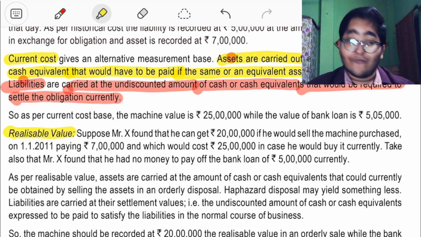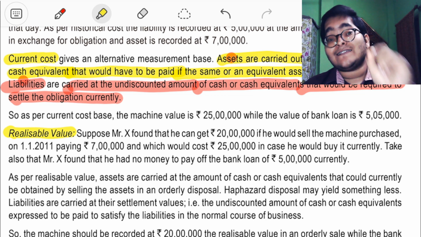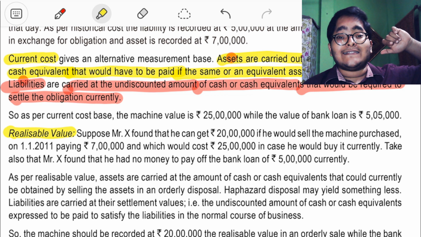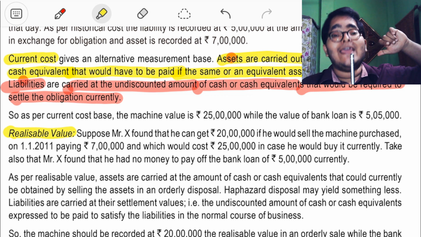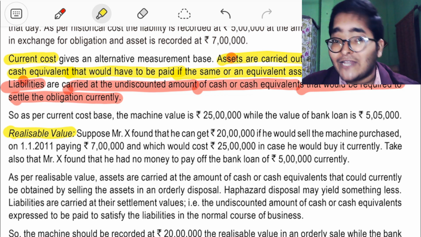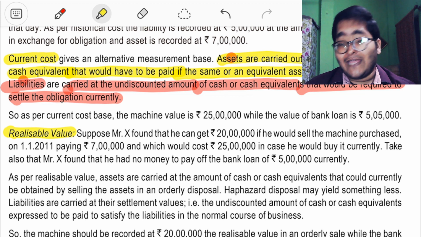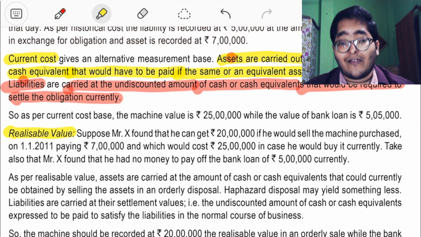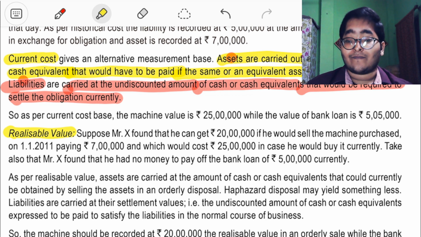We understood this. He purchased that asset for rupees 7 lakh. But if he purchases that asset today, he would be charged rupees 25 lakh. But if he sells that same asset, he can recover rupees 20 lakh.